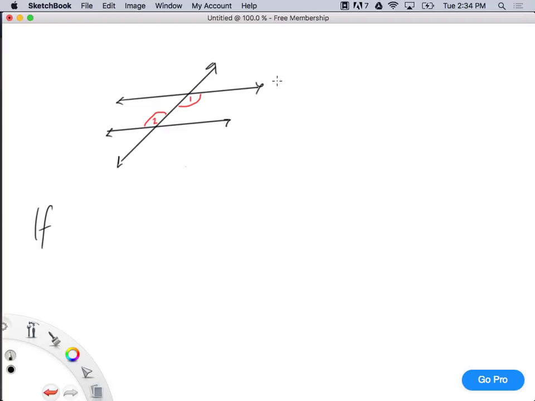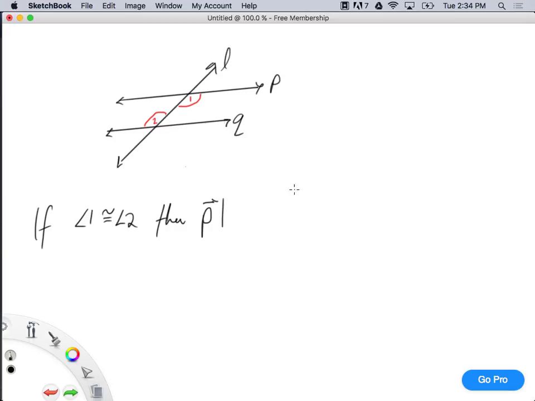I'll use the same lines I used before, P, Q, and L. I say if angle 1 is congruent to angle 2, then line P is parallel to line Q. Okay? And how do I know this?